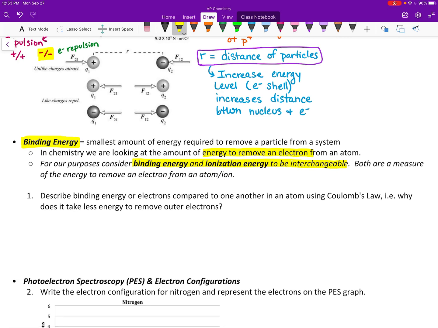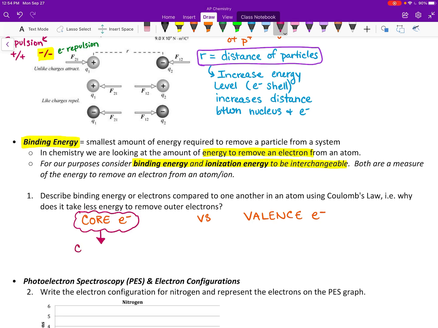So what does that look like for different electrons as far as Coulomb's law goes? Why does it take less energy to remove outer electrons versus our core electrons, or inner electrons? Core electrons are the inner electrons, versus valence or the outer electrons. The big deal here is that these core electrons are going to be closer to the nucleus.